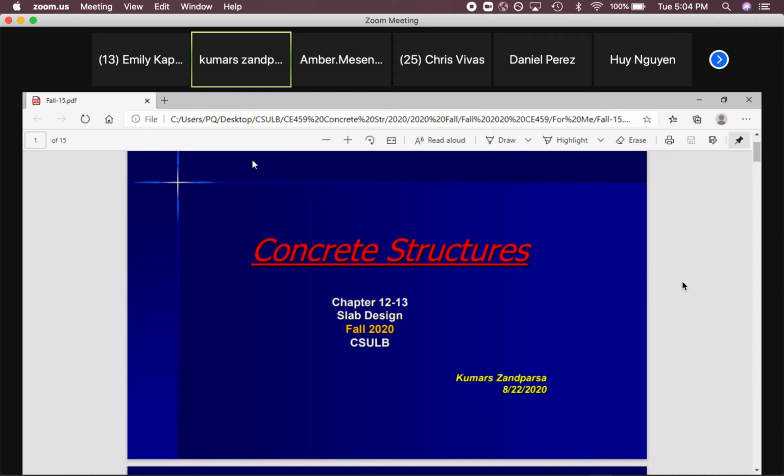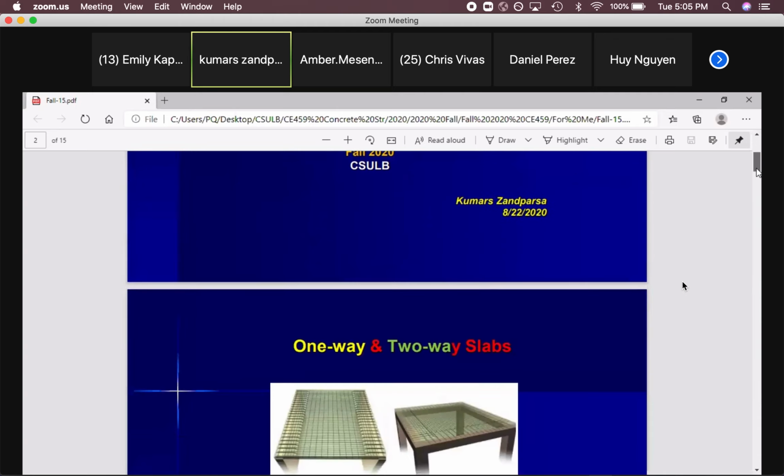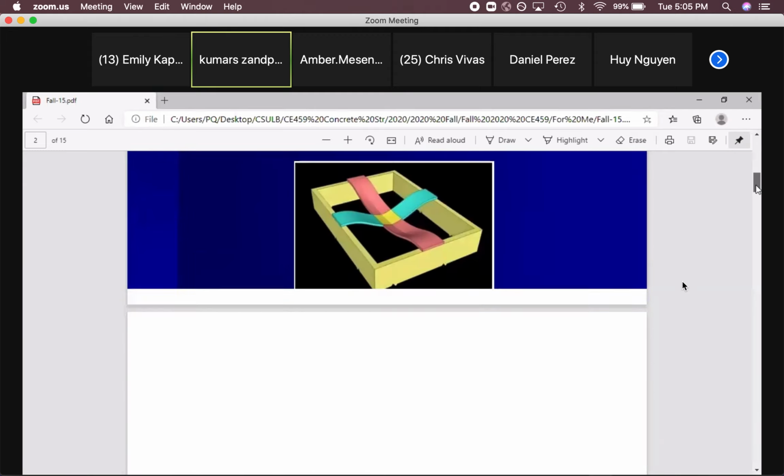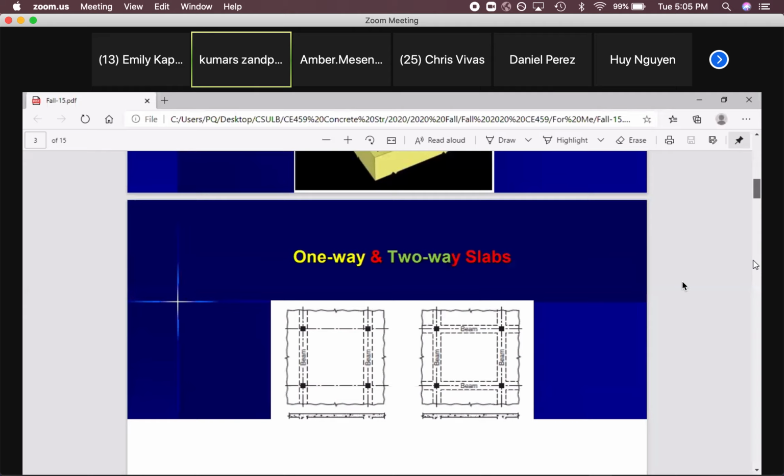So 16 weeks straight, and it went very fast, actually. For me, it looks like a month since we started this, and every week goes very fast. Today is the last day of class, and hopefully you will use this stuff in the future and use it properly.